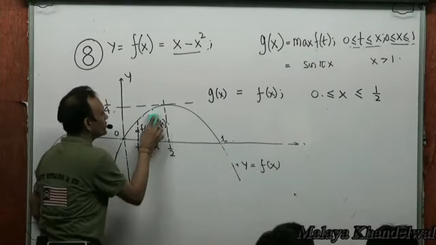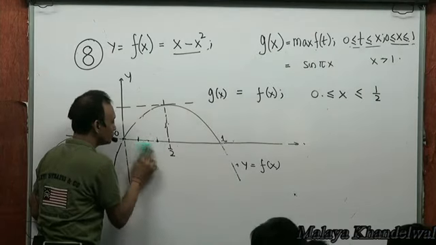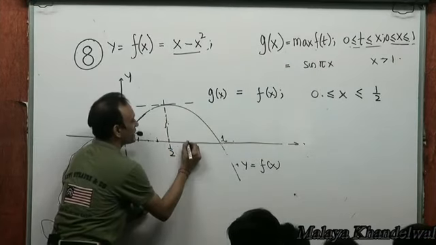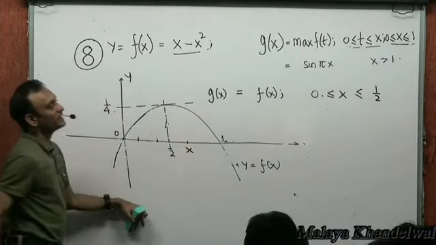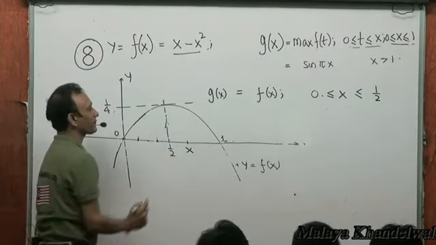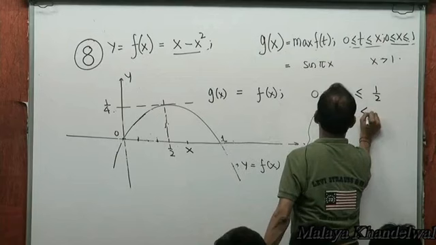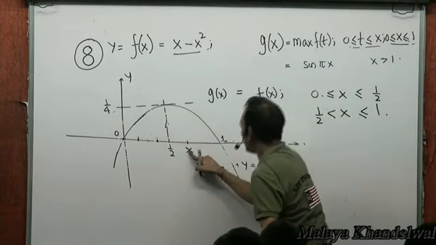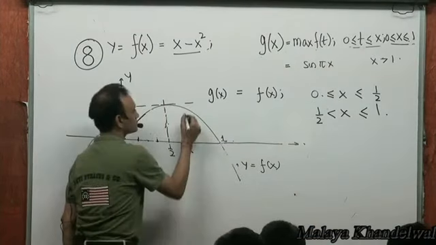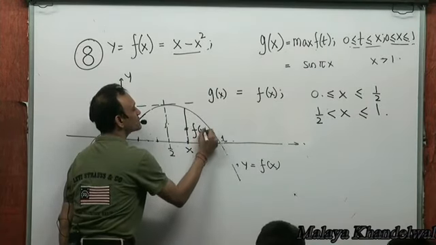Now if there is an x greater than half but less than or equal to 1, for x floating in this interval, this is my f(x), yes or no?